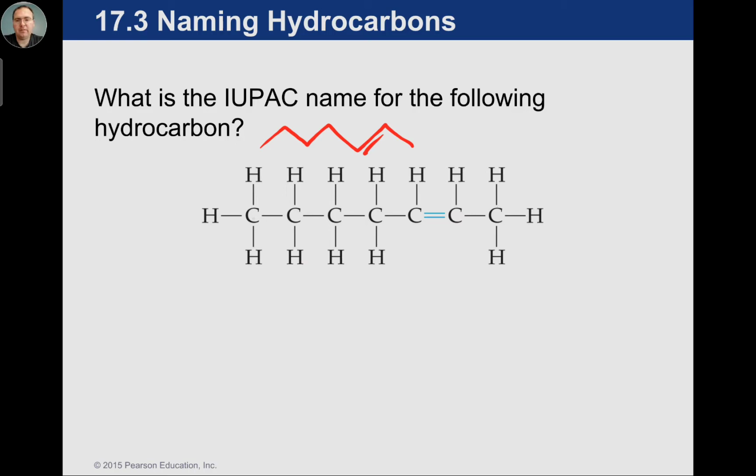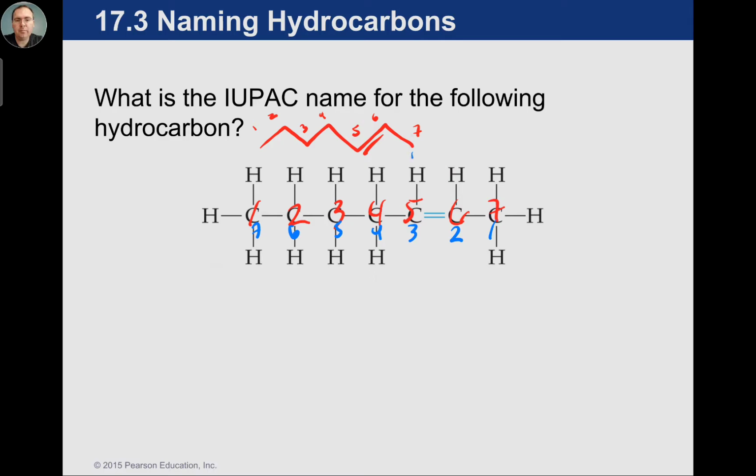Well, if we number from this left side, it's 1, 2, 3, 4, 5 to the double bond, 6, 7. Or we can number from the right side, and that would give us 1, 2, 3, 4, 5, 6, 7, which is the faster means of getting to the double bond.